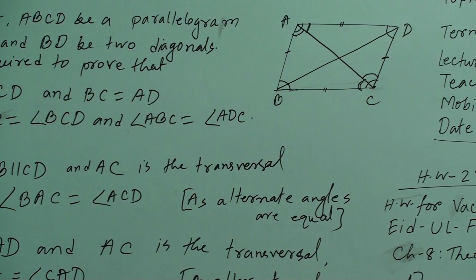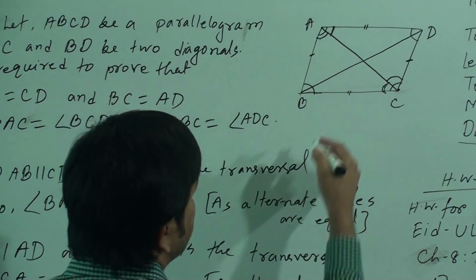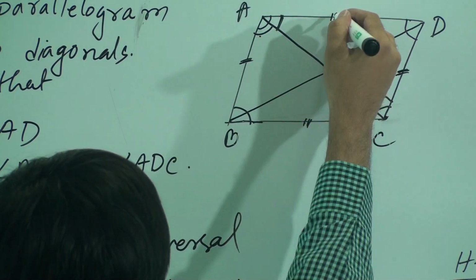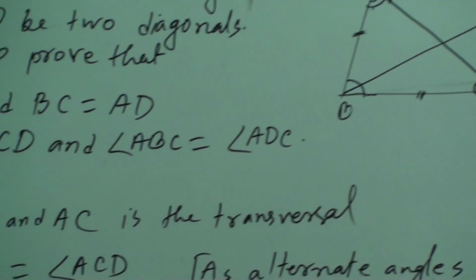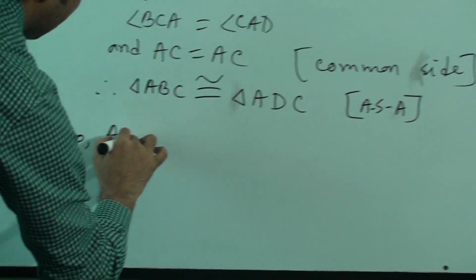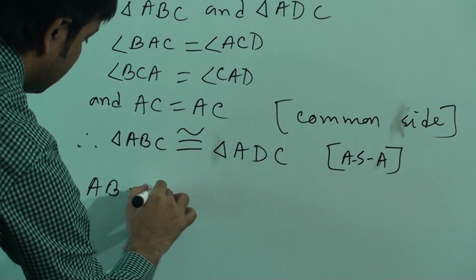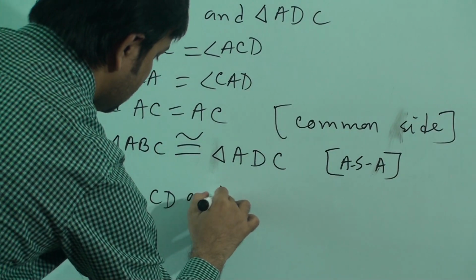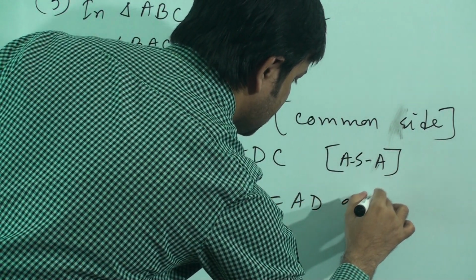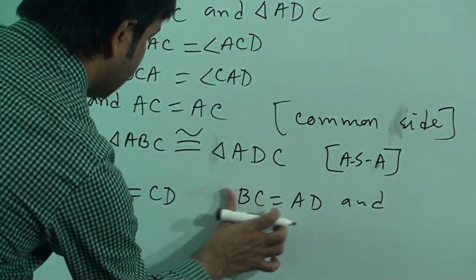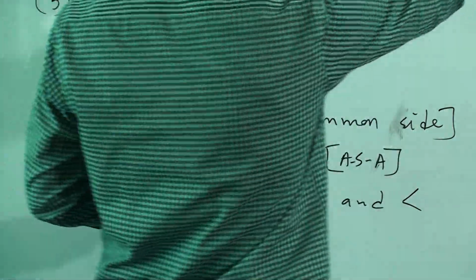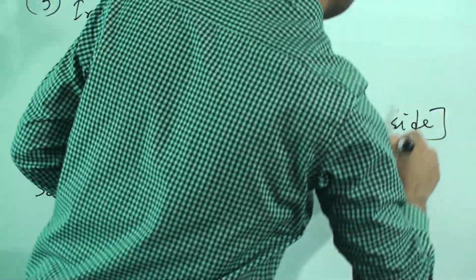As these two triangles are congruent, we can say, therefore, AB equal to CD and BC equal to AD, and we can take two angles, that is angle ABC equal to angle ADC.